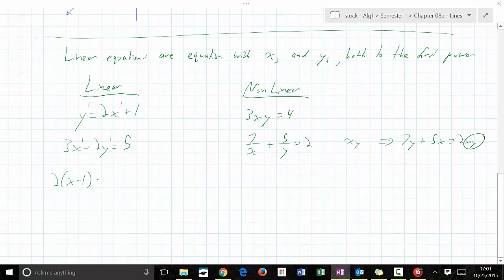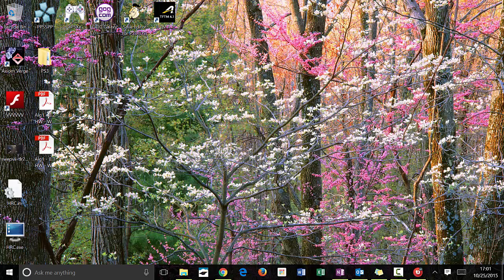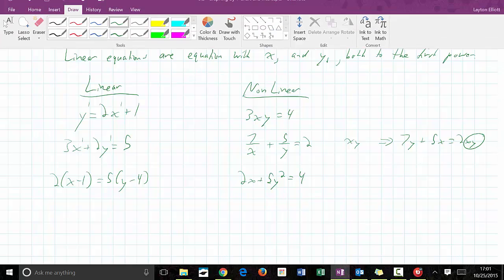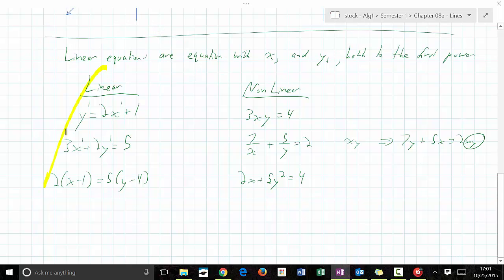Here's a linear equation. This is not simplified, but it is definitely linear. I could work it around and make it an x to the first and a y to the first. But this is nonlinear: 2x plus 5y squared equals 4. So today we're just going to work with entirely linear equations.